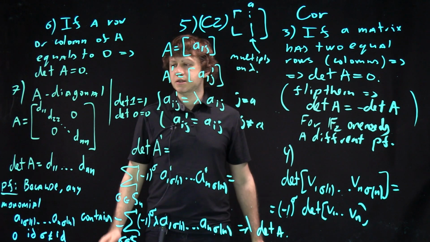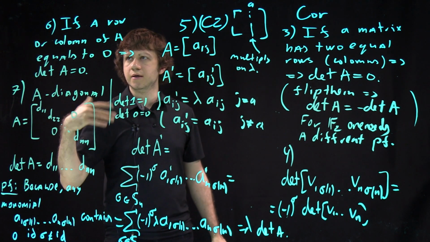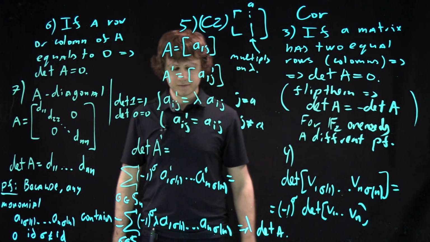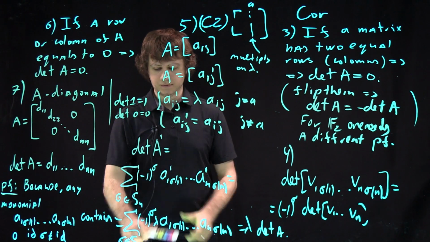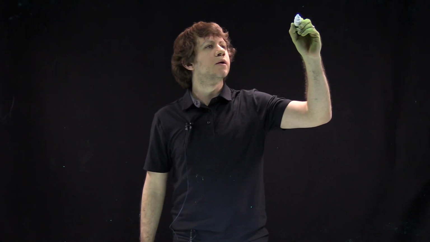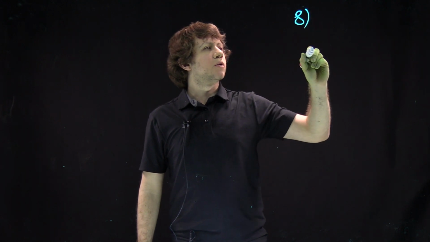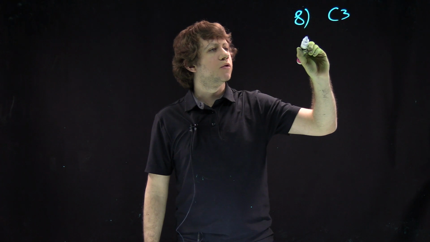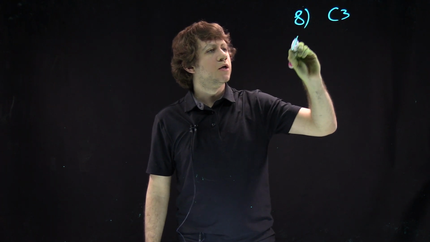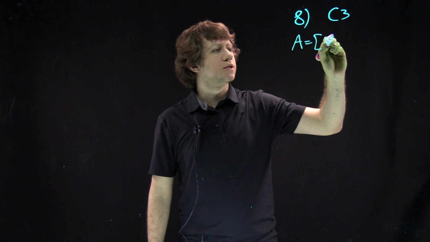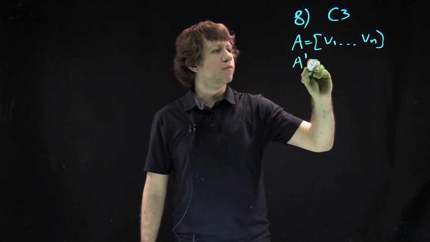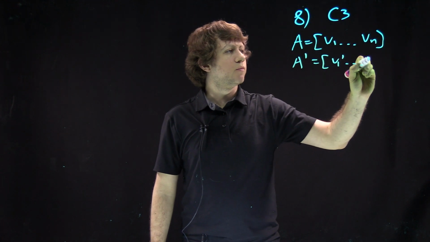So finally, let's prove how it behaves under the third column operation. Okay, so now property 8 probably. So let's do C3. The third column operation is as follows. Let's write it in terms of vectors. Suppose A was a matrix consisting of columns v1 up to vn, and then A prime will be v1 prime up to vn prime.